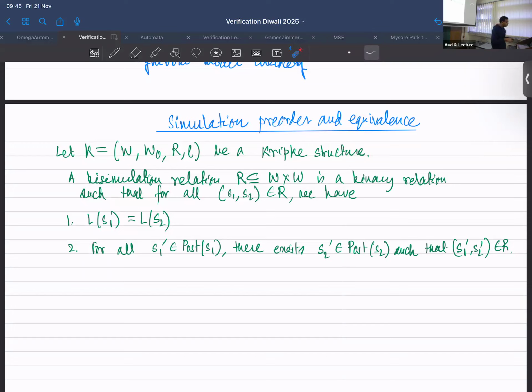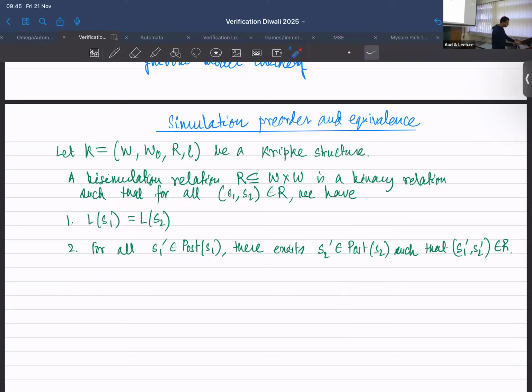Now, I can try to see there can be some other similar relations also. For example, I can talk about a relation which is a one-way thing. You say that for all S1 prime which is a successor of S1, you can consider a successor S2 prime of S2 such that S1 prime and S2 prime are related.